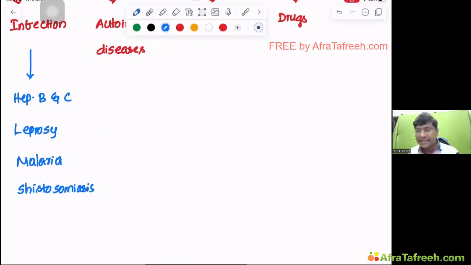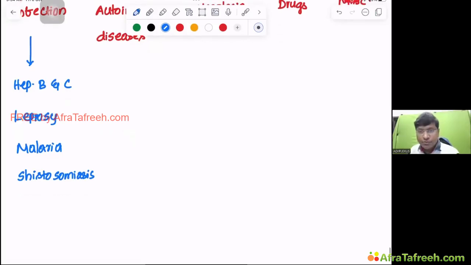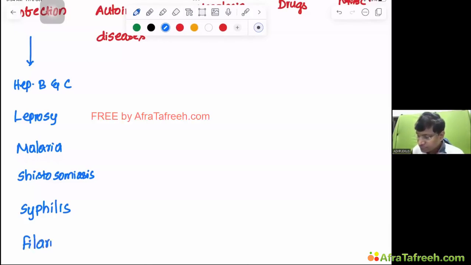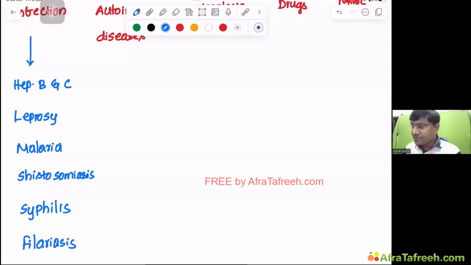And you also have an egg, right? What is the description of the egg? Right, very good, Ritika. Egg with terminal spine. Okay. So, viral hepatitis, leprosy, malaria, schistosomiasis, and then syphilis. These are the infections. And next is filariasis. These are the infections that can contribute to your secondary form of membranous glomerulonephritis.